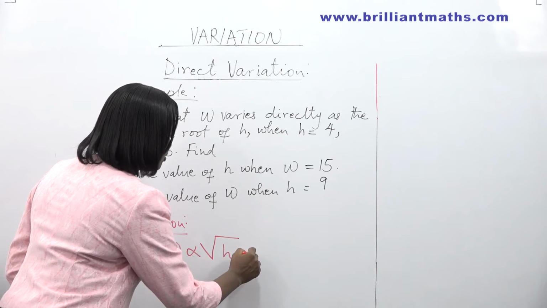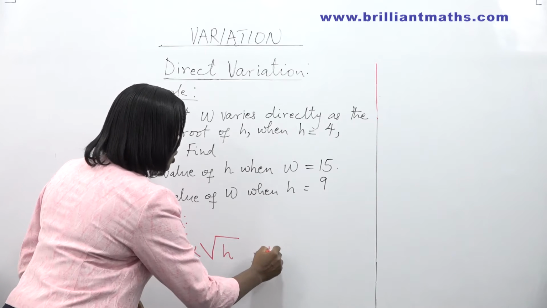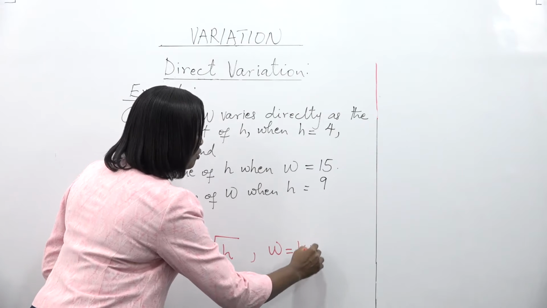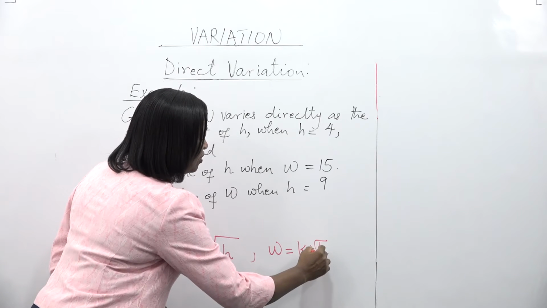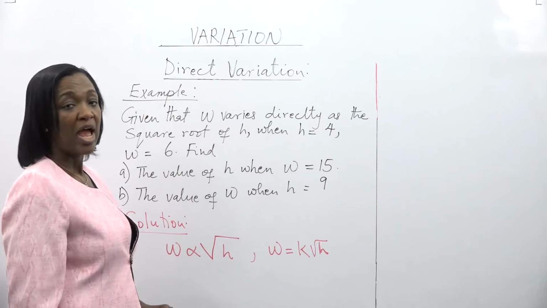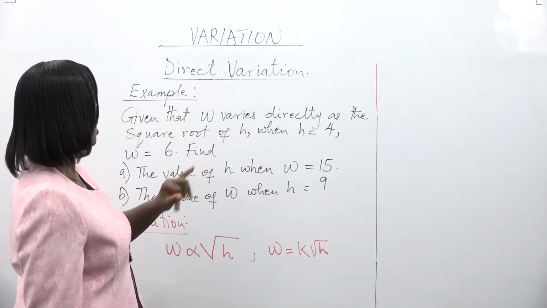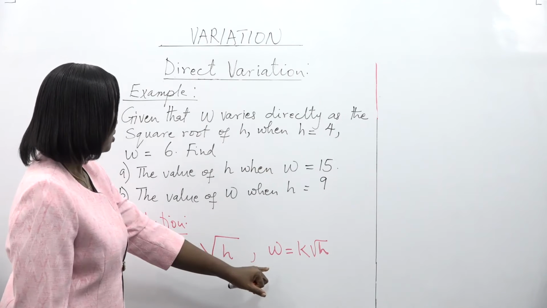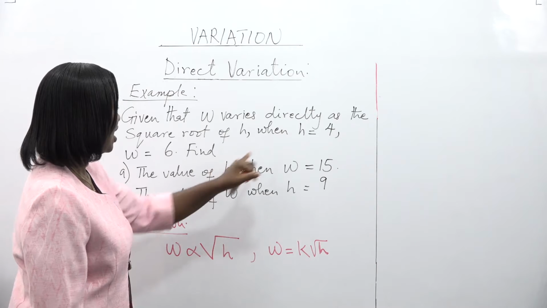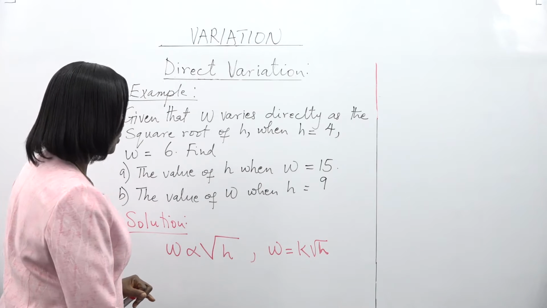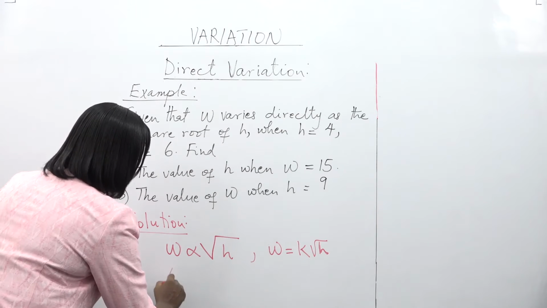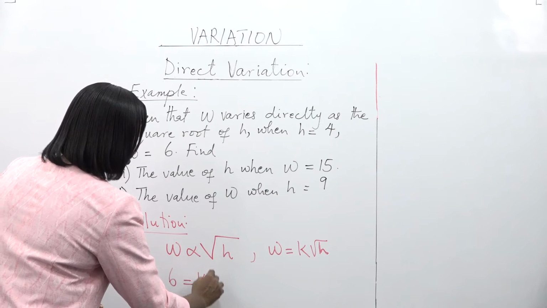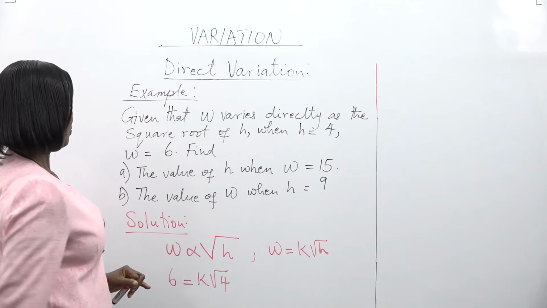So this becomes w is equal to k root h. And then we've been given values for h and w, so we input that into it. We have w is 6 and h is 4. So that gives us 6 is equal to k root 4.